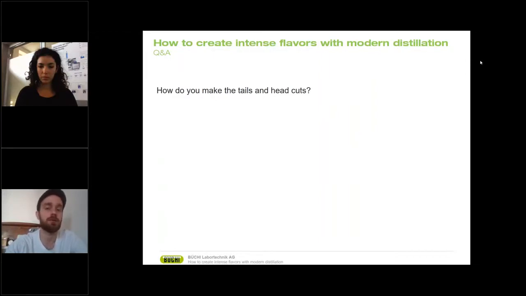Using hydrometers or any instrument you have in your lab, you can understand your ethanol composition and as well the concentration of the different aromatic compounds. And this helps you make the decision where to cut and how.